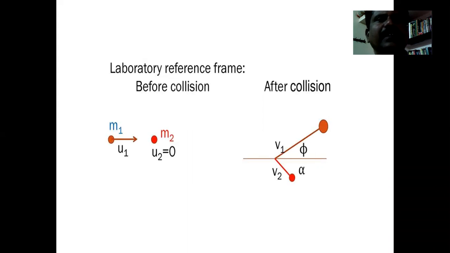So see here the figure in this picture. We consider a system of two particles. The first particle, having mass m1, moves with velocity u1, whereas the second particle m2 is at rest.